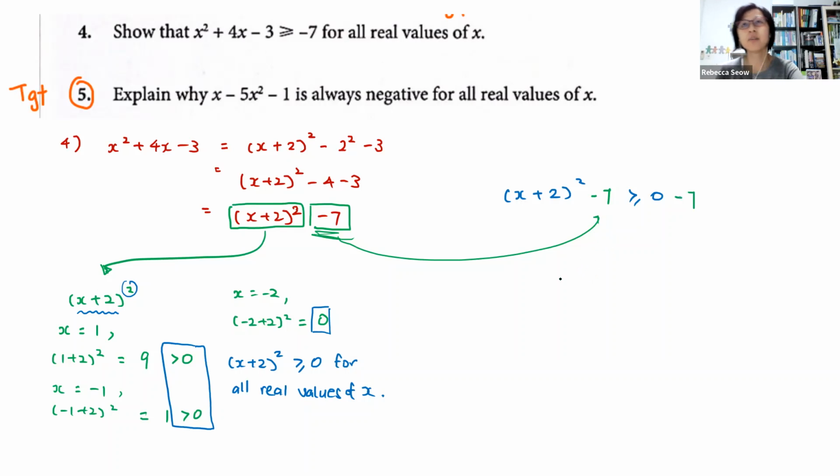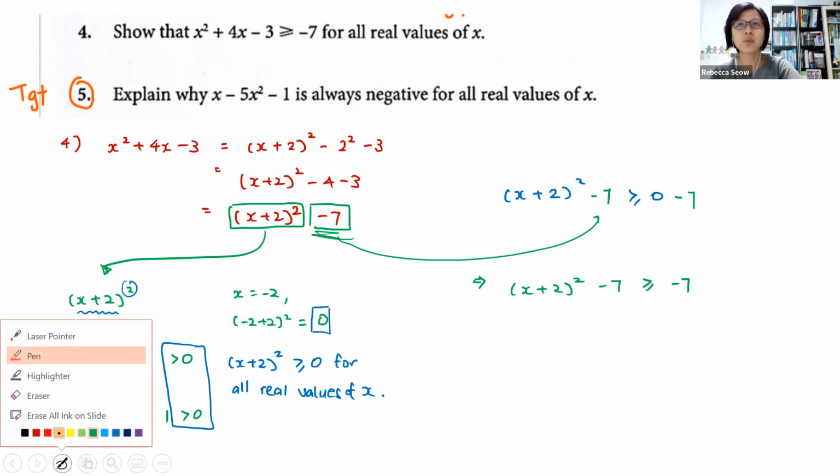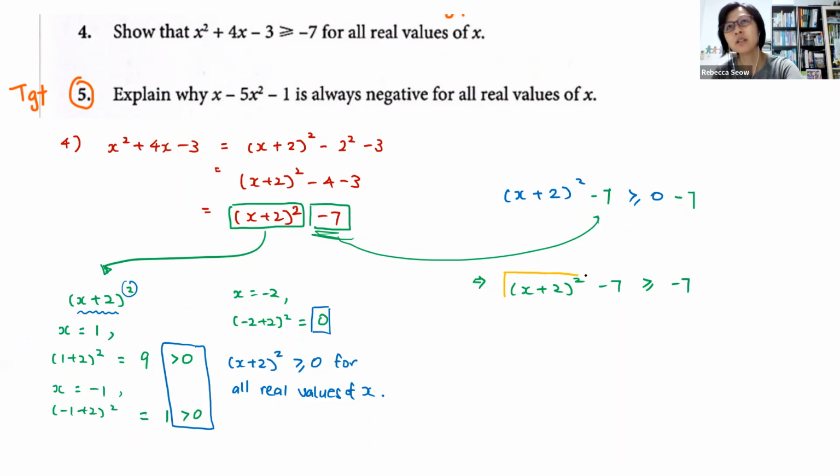And therefore, we can say very confidently now that x plus 2 square minus 7 is more than or equals to, if we simplify the right hand side, negative 7. What is x plus 2 square minus 7? This entire expression over here, isn't it this expression we have over here? Yes.